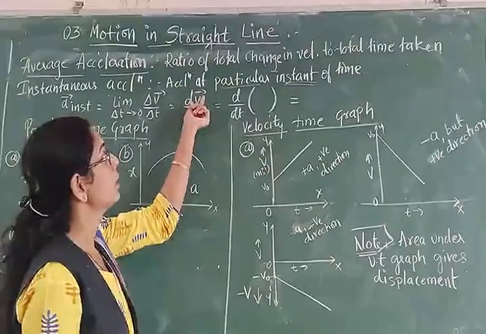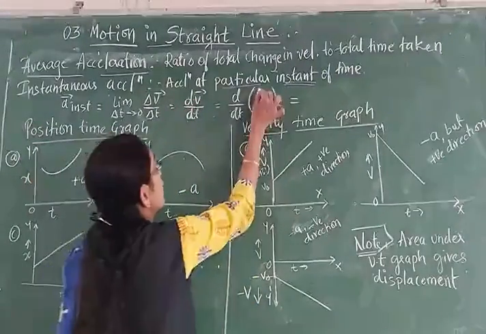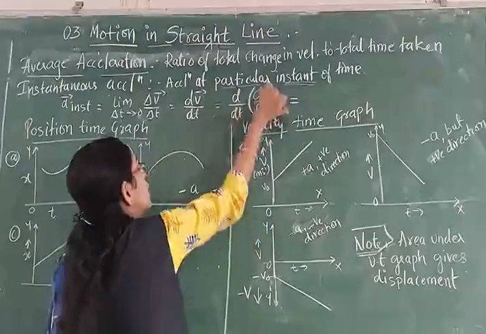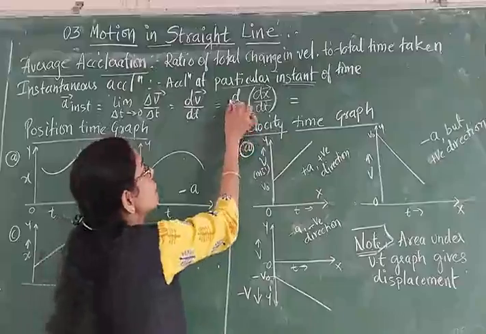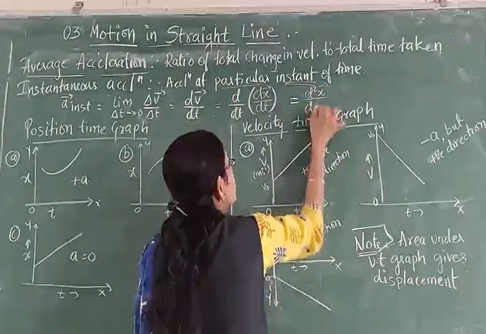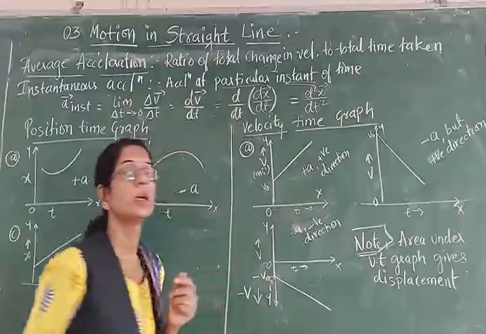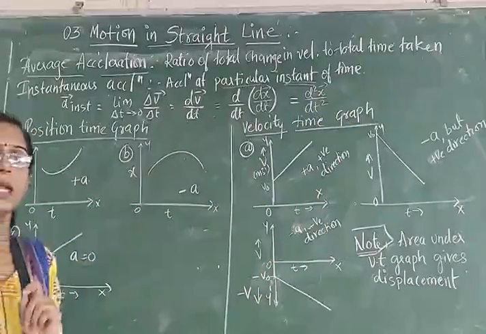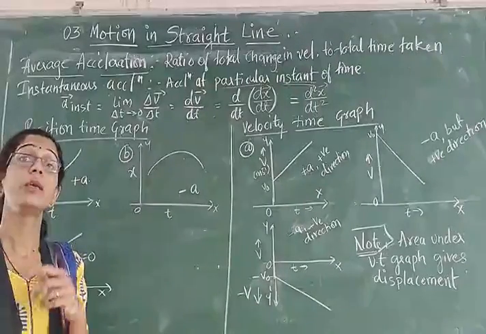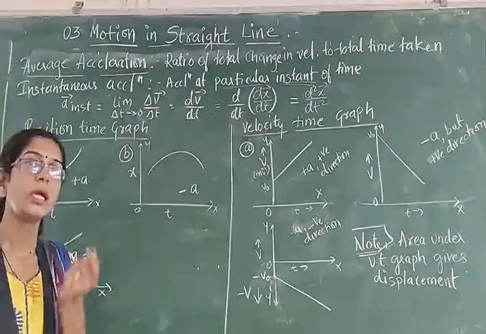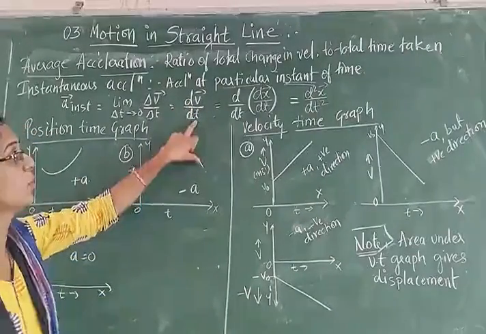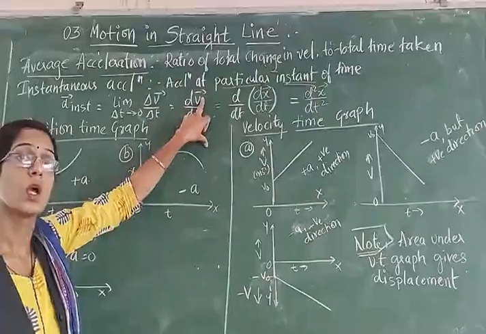So when I replace v by dx upon dt and differentiate it twice, d square x upon dt square again represents acceleration. Here the independent variable is time, and the dependent variable is displacement, whereas in dv upon dt the dependent variable is velocity.